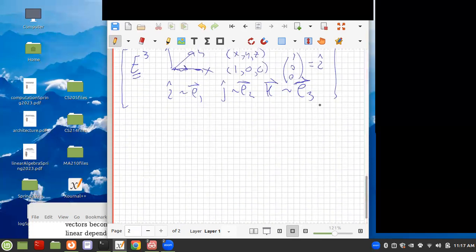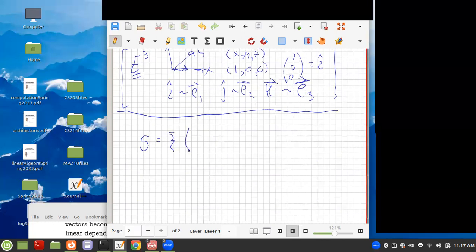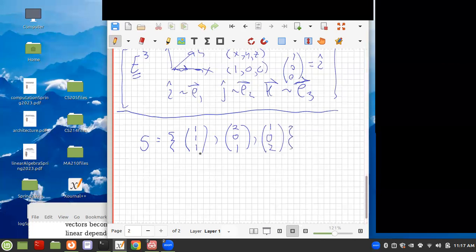So we could have a separate problem. That was sort of straightforward, but there are 2 different kinds of problems we could go to from there that are more interesting. I can give you a set S, say of (1, 1, 1), (2, 0, 1), and (1, 0, 2), and ask, is this set a basis?